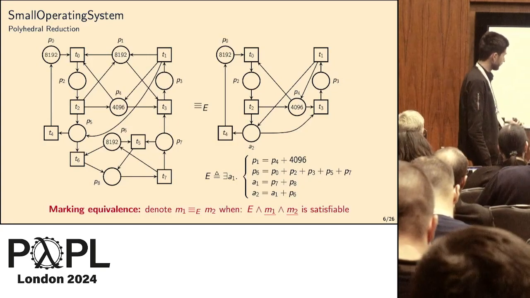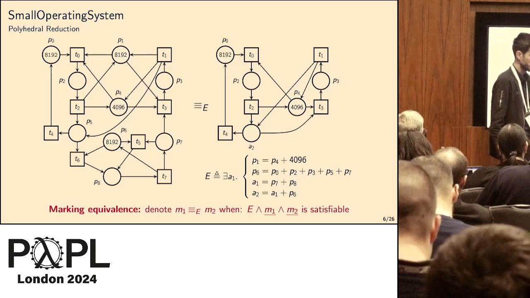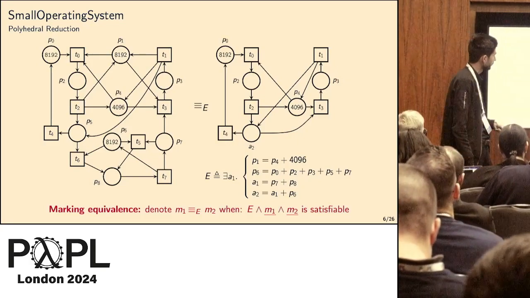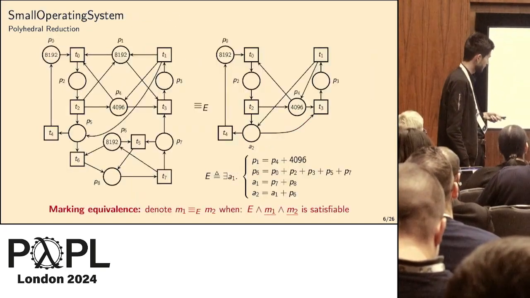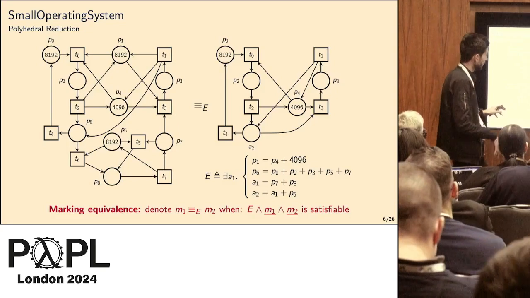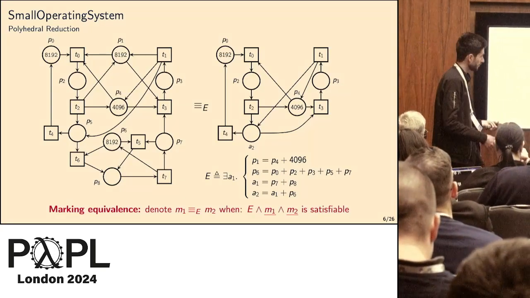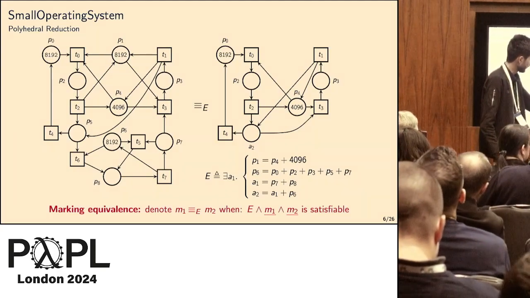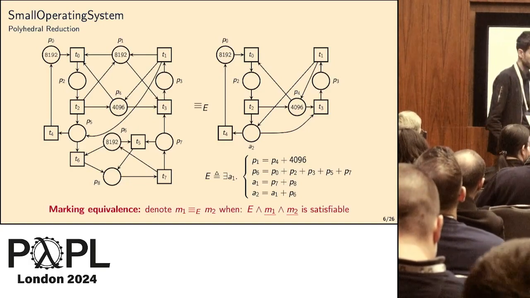Our Presburger predicate always has the same form: an existential formula with a conjunction of equalities and inequalities. So from the state space of the reduced net, we are able to reason on the state space of the initial net. So we have the equivalence between both nets. We can also define an equivalence between markings, and we say that marking M1 from the initial net is E-equivalent to marking M2 from the reduced net if they are a solution of E.